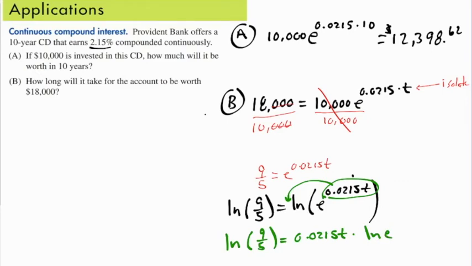Now we see that we're left with ln of e, which is equal to 1, and 1 times anything is that thing. So 1 times 0.0215t is simply 0.0215t.